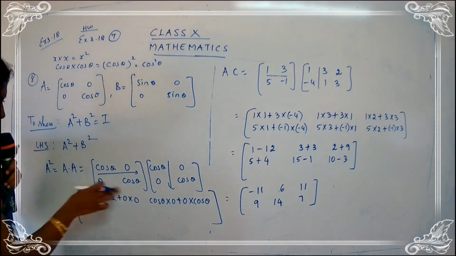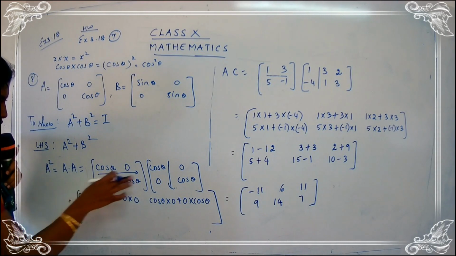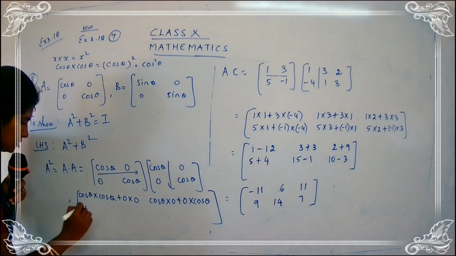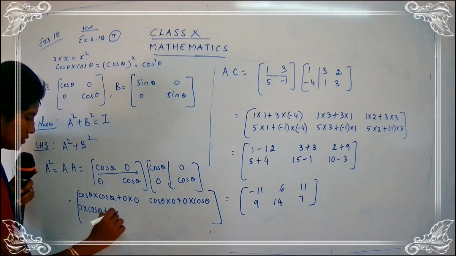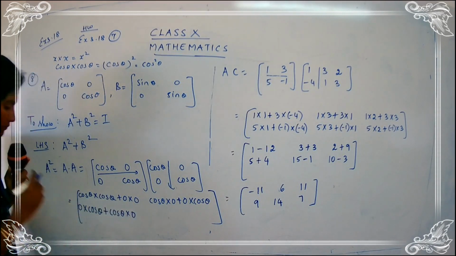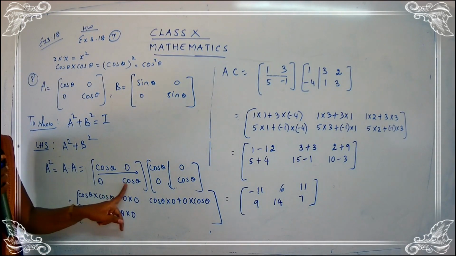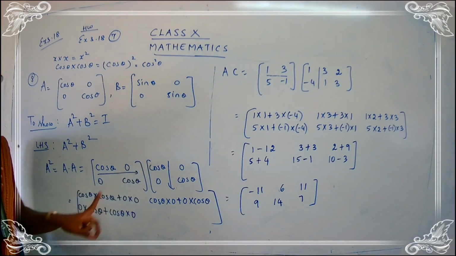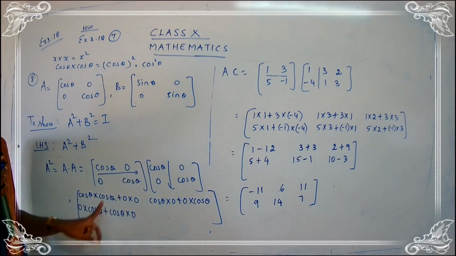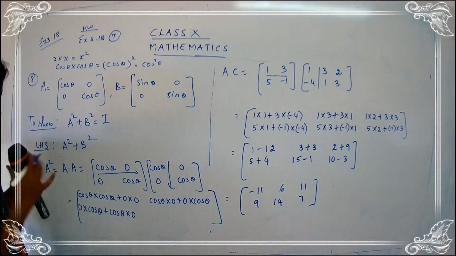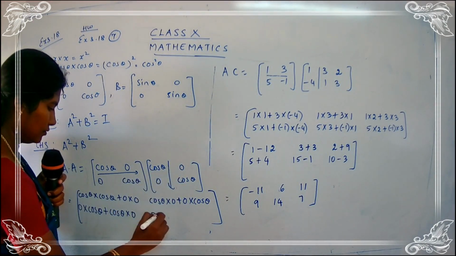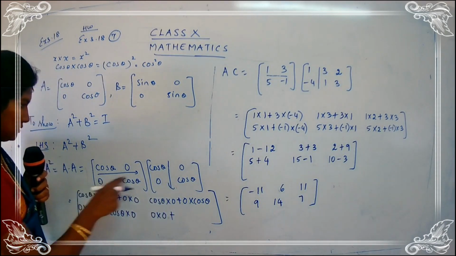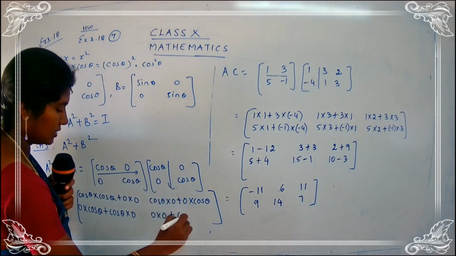Same way proceed for the second row. 0 into cos theta plus cos theta into 0. Very easy. Second row, first column: 0 into cos theta plus cos theta into 0. Second row and second column: 0 into 0 plus cos theta into cos theta.